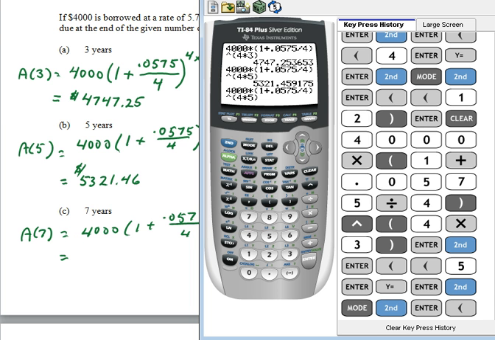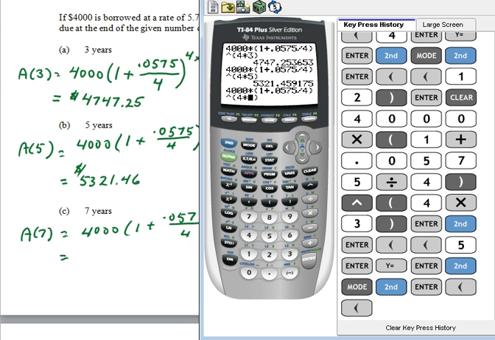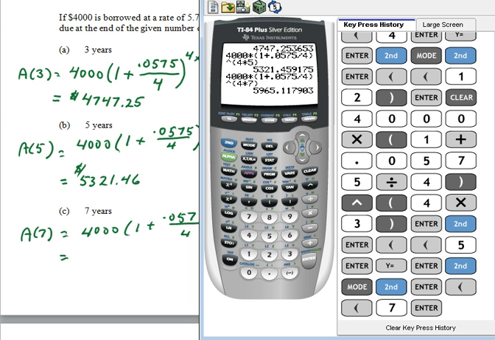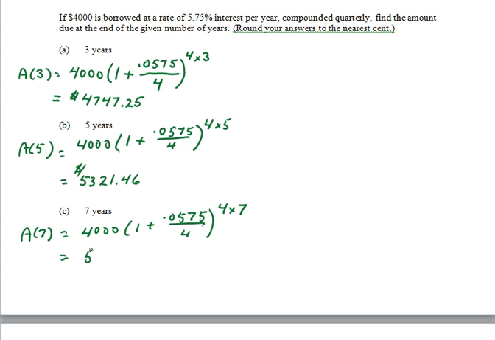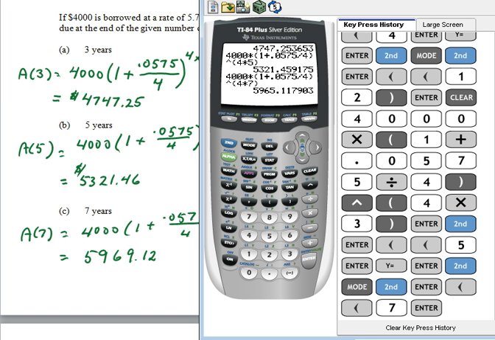Change the 5 to a 7, hit enter, and I get 5,965.12. Let me confirm that. It was 65.12.